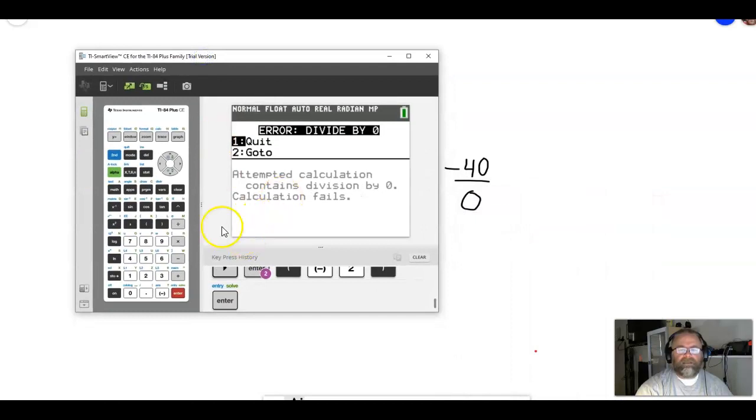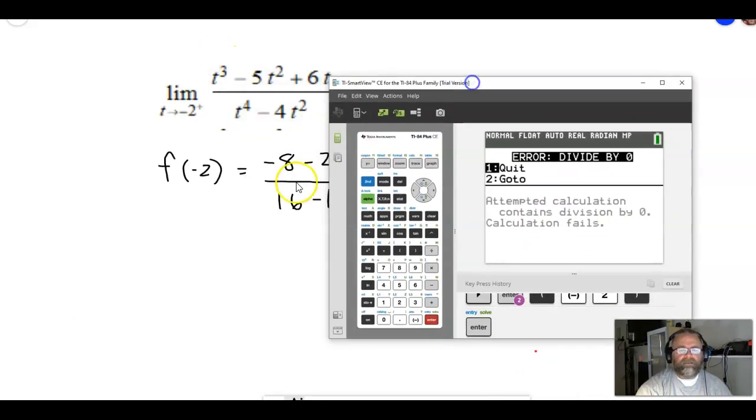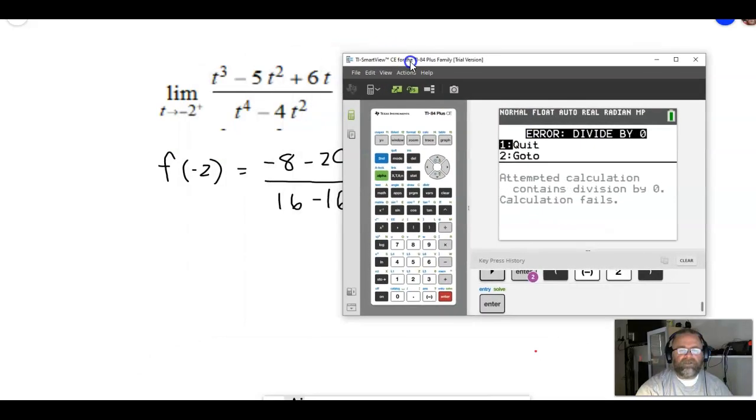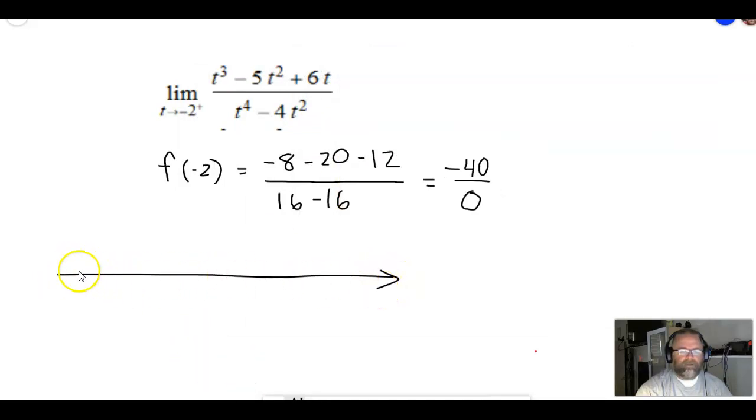But let's go ahead and see from the right-hand side, because that's what the little plus exponent here means. We're going from the right, let's see if we can tell if we're approaching positive infinity or negative infinity. So, think of a number line here. We have -2 here, and let's say we have 0 here.